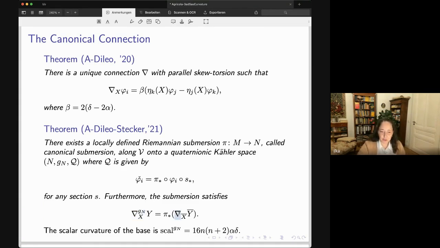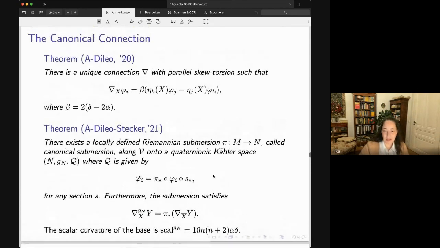So this connection really captures in the right way the geometry I have to put on top to get something nice on the quaternionic Kähler base. And so we see, if you have a favorite quaternionic Kähler space, by inverse constructions you can get 3-alpha-delta Sasaki manifolds.